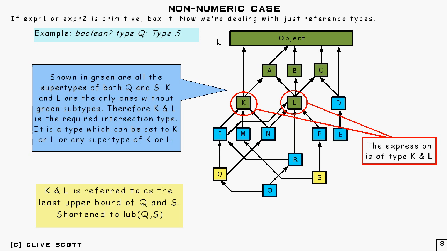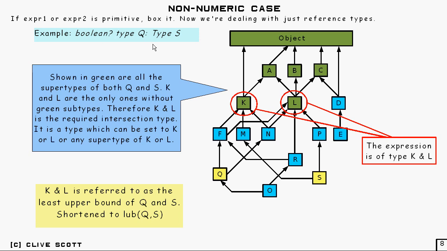It's all reference now. So basically then we're dealing with something like this, where you've got a type Q and a type S. Okay, so here it is, some sort of Boolean thing equals type Q is, if that's true, then something of type Q, otherwise something of type S. And the question is, what's the type of the result of that?